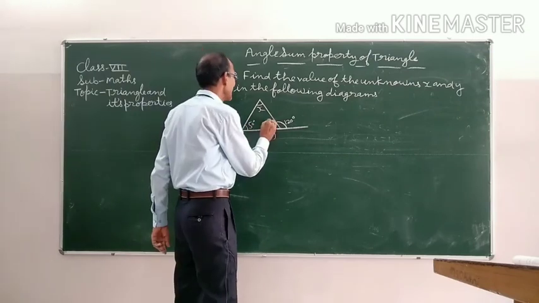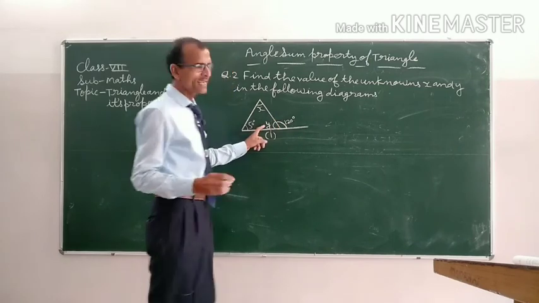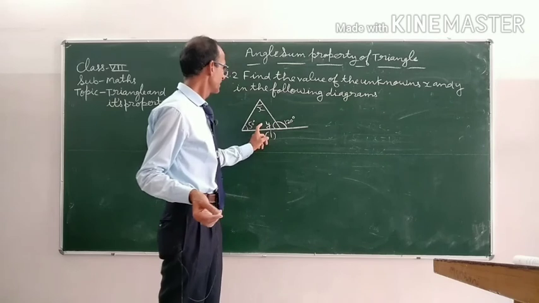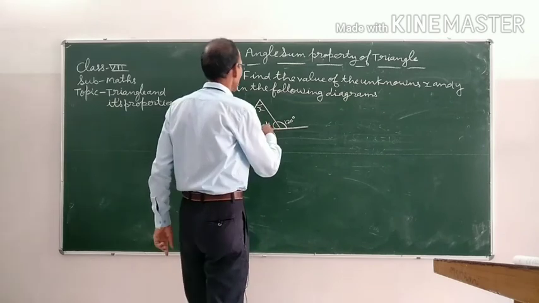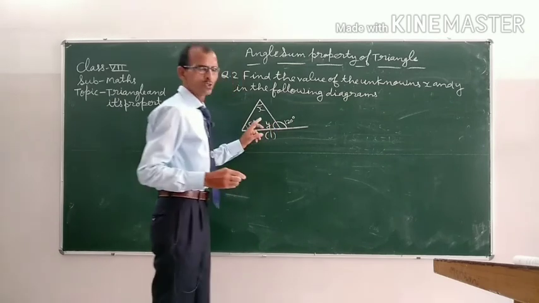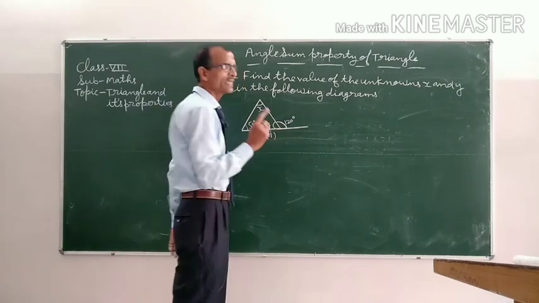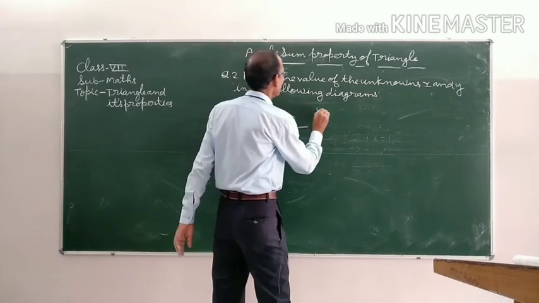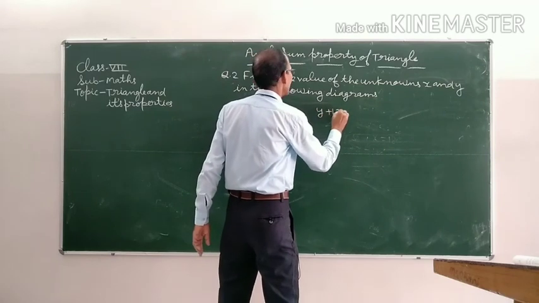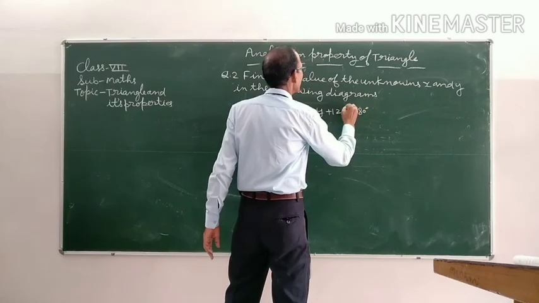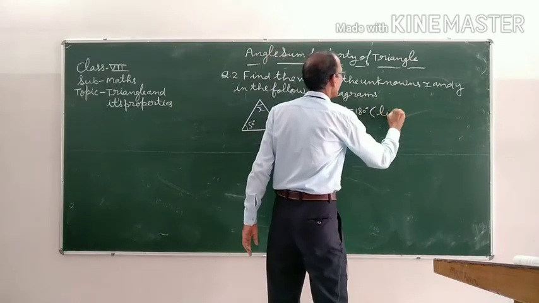Here we see that Y and angle of 120 degree. Which types of angles are these? These are linear pair angles. So we know that sum of linear pair angle is always 180 degree. Y plus 120 degree is equal to 180 degree, because these are linear pair angles.